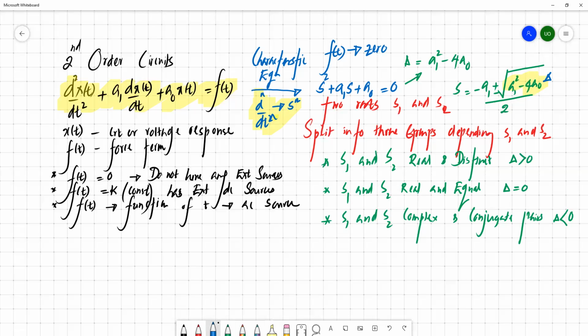Similarly, we can introduce two new variables. One is called omega naught, the natural frequency of the circuit. The other is zeta, the damping ratio.